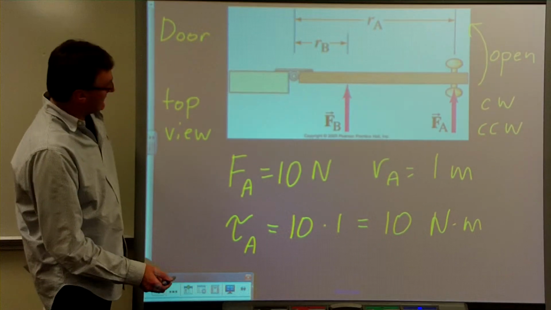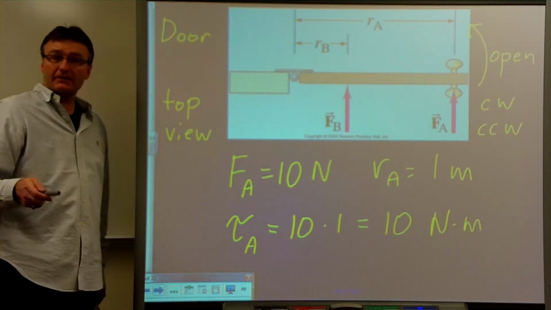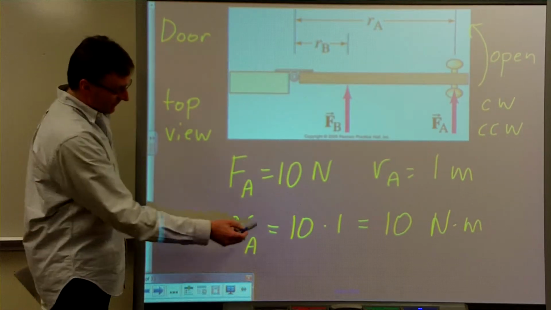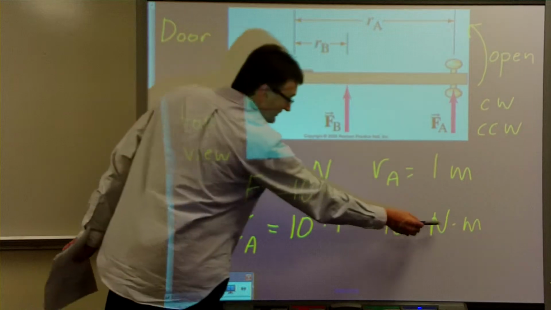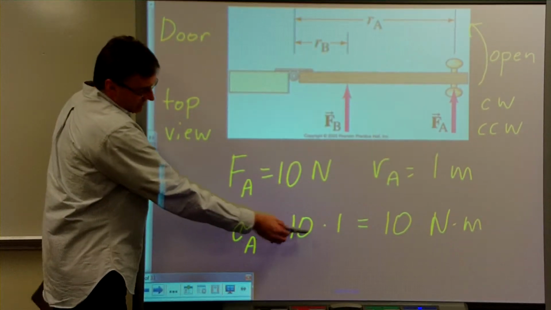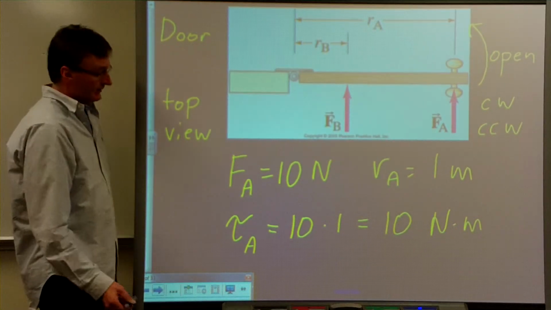The units are indeed newton meters. That's a little bit different than the imperial units of foot-pounds. So we will be using these units right here. It's the force in newtons times the distance, which is measured in meters, and so simply newton meters. That's all.